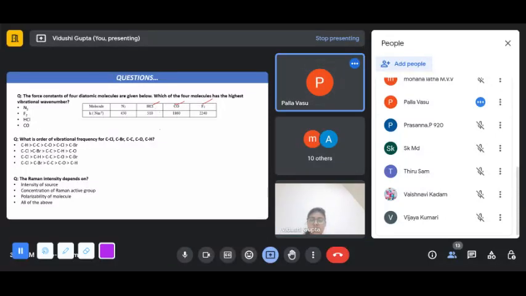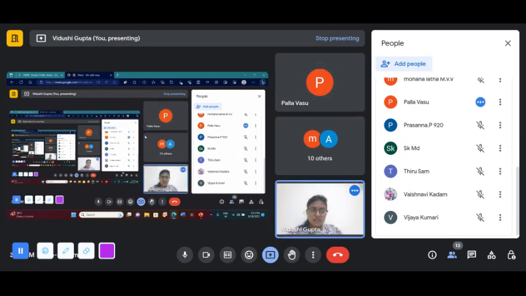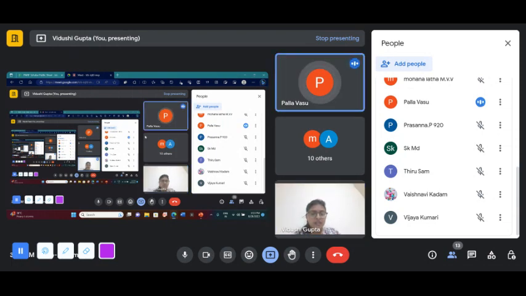Ma'am, I have a small doubt. In M1 M2 by M1 plus M2, for N2, what values do I have to take for M1 and M2?